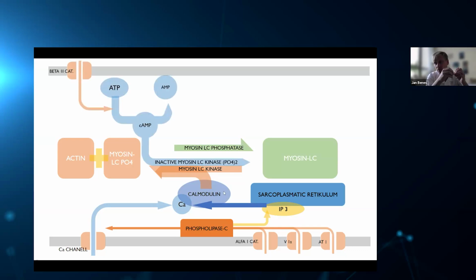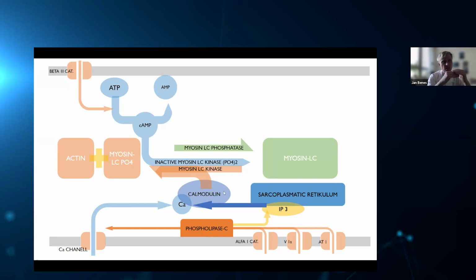There are some opposite effects. We've been talking about the opposite effect of the beta-2 or beta catecholamine receptor. They activate cyclic adenosine monophosphate, which inactivates the myosin kinase and hence increases the amount of myosin light chains and vasodilates the cell.